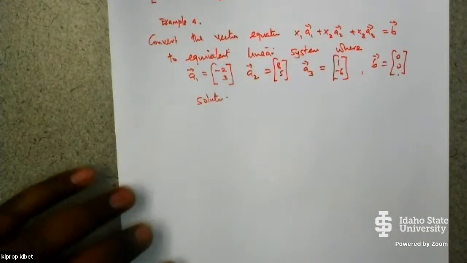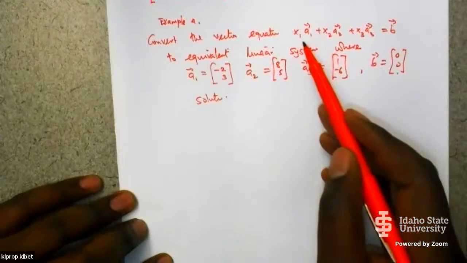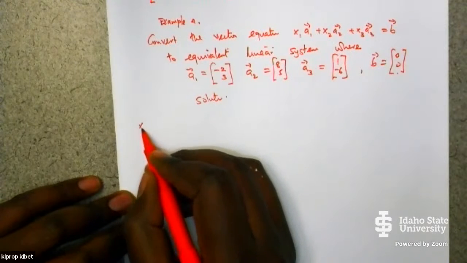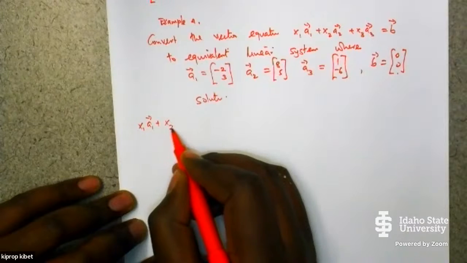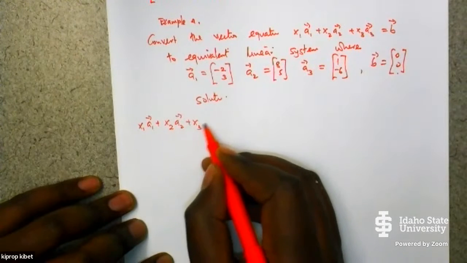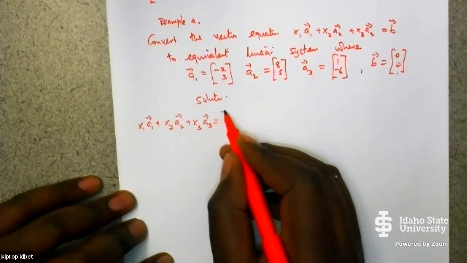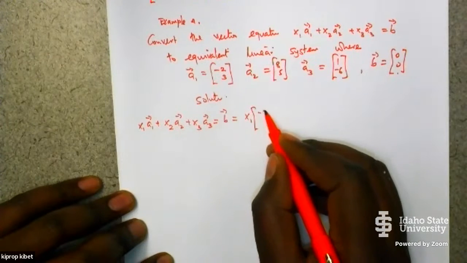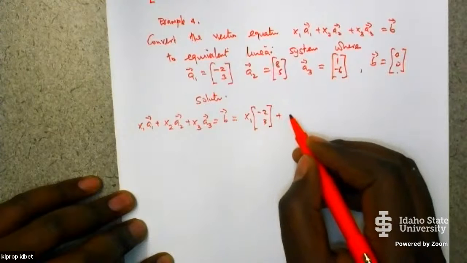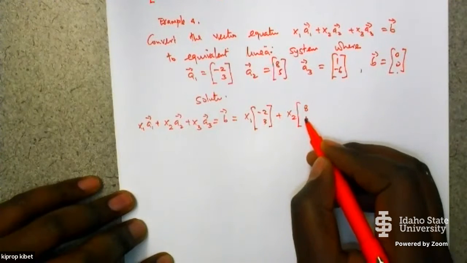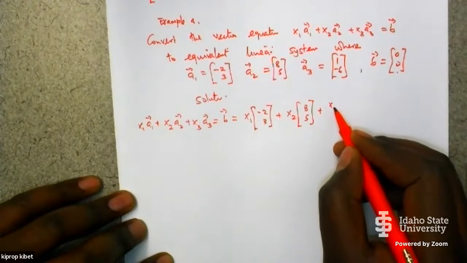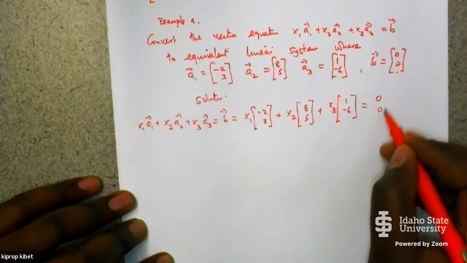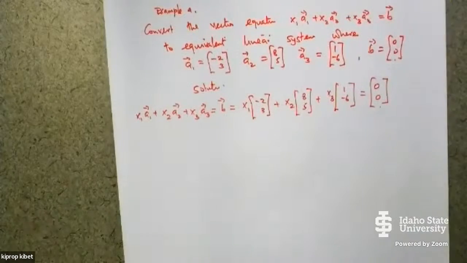We know that the vector equation is of this form. x1 a1 plus x2 a2 plus x3 a3 equals b is the same as x1 times -2, 3, plus x2 times 8, 5, plus x3 times 1, -6, equals 0, 0.